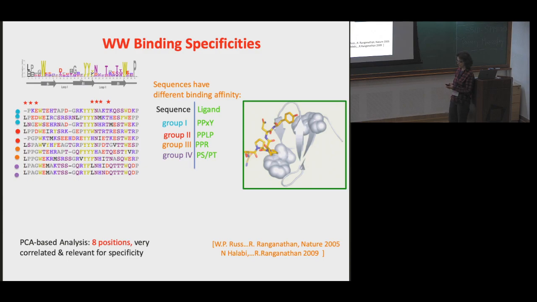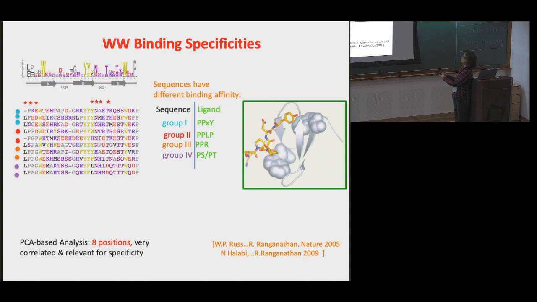WW is known to have different binding specificity, so depending on which sequence is here, the protein will prefer to bind ligands which have different amino acid compositions.